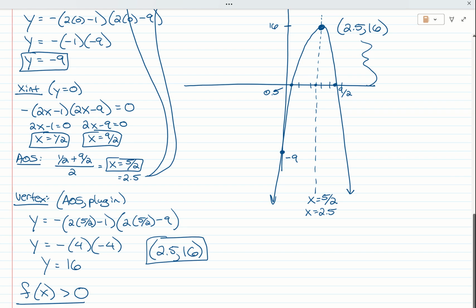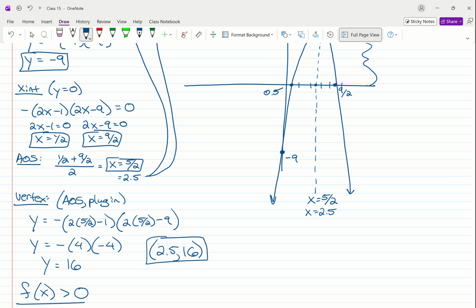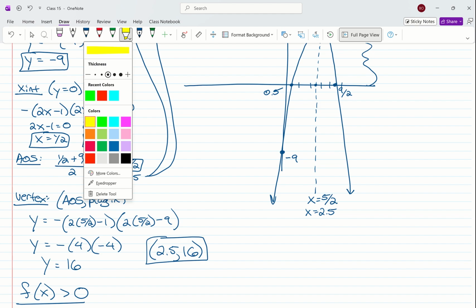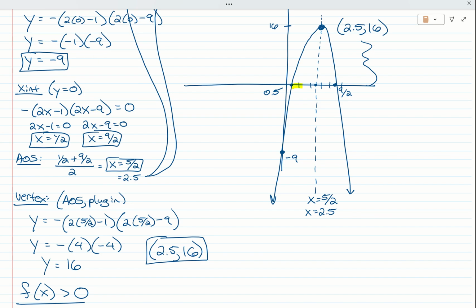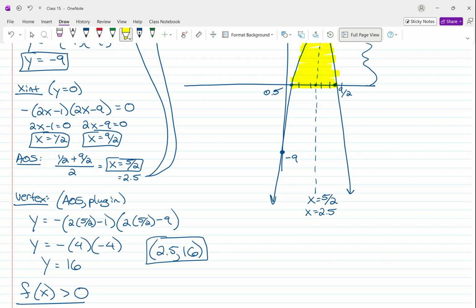So right here. Those values are between 0.5 and 9/2, right? That's where the graph is above the x-axis. So we're going to say that this happens between 0.5 and 9/2.